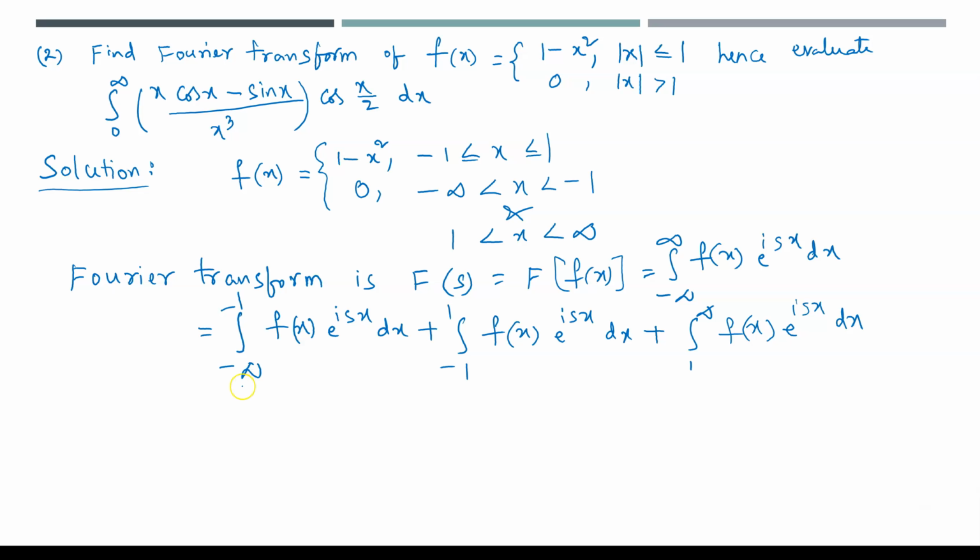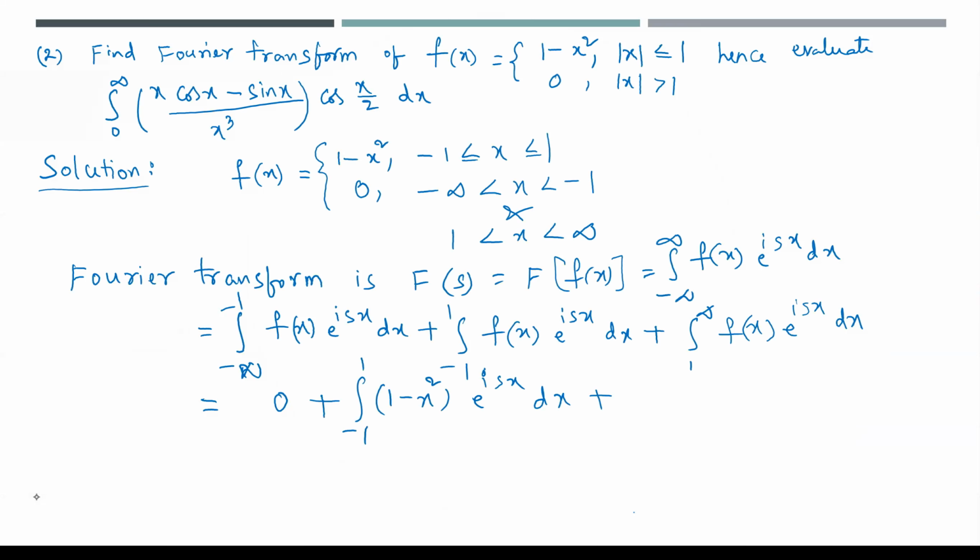If you observe, in the interval minus infinity to minus 1, the value of f(x) is 0, so this integral becomes 0. Then in the interval minus 1 to 1, f(x) is 1 minus x square into e power isx dx. Again, in the interval 1 to infinity, the value of the function is 0. So we get only the middle integral, which is equal to integral minus 1 to 1 (1 minus x square) into e power isx dx.